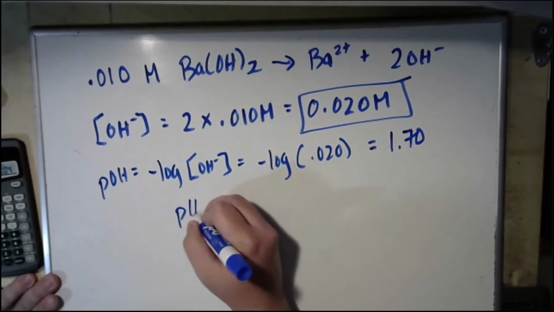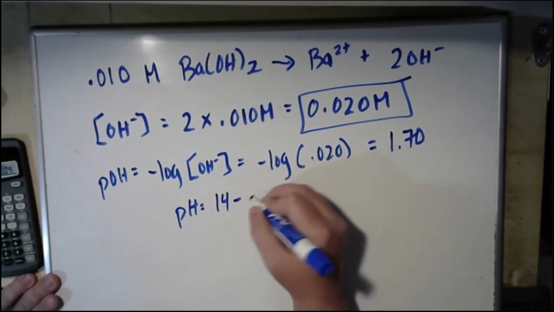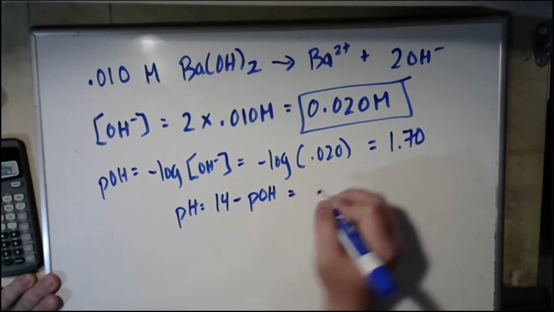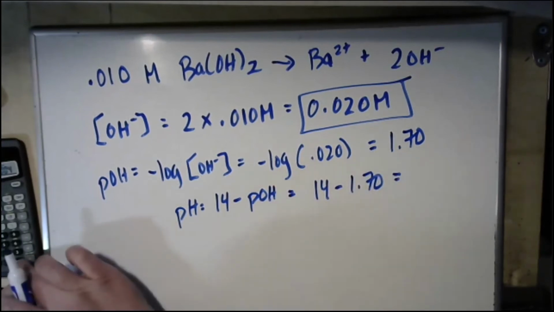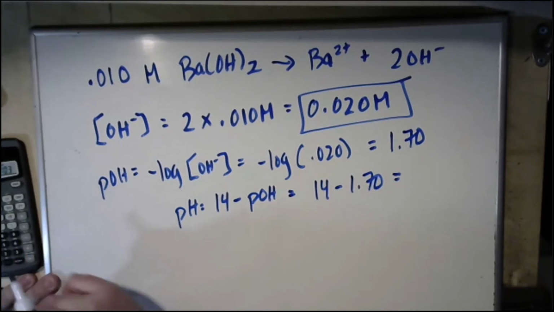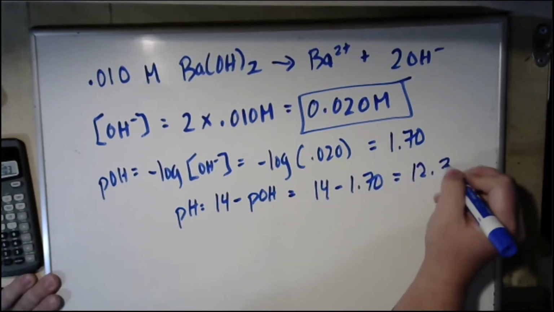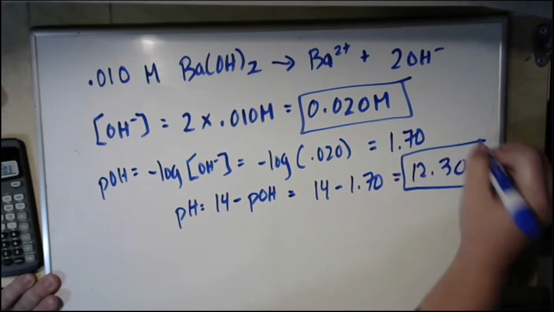And then my pH will be 14 minus my pOH, which will be 14 minus 1.70, and that's going to be 12.30.